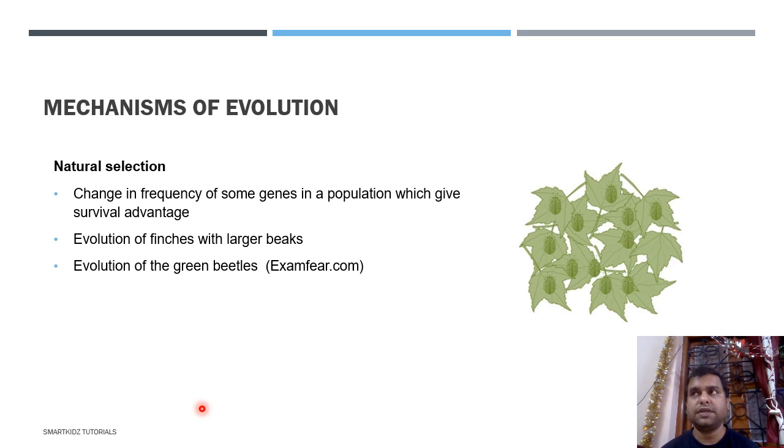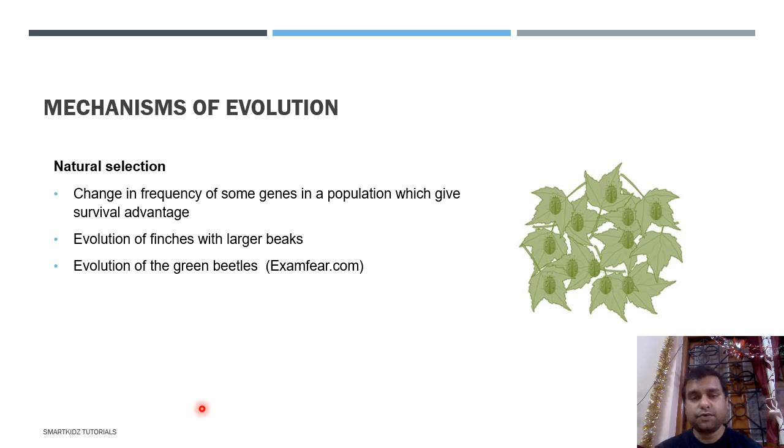And in his work, he noticed finches that were present in the Galapagos Islands, and he noticed that there were a lot of these finches which had short beaks, and they grew in number because they were feeding on insects and worms which were freely available on the island.